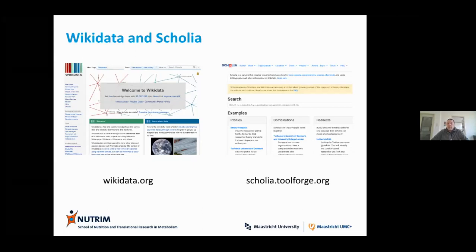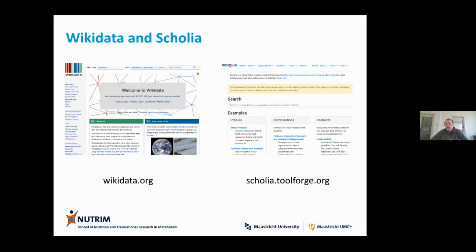So the content there, we find a lot of lipids in there that we will see in a moment. We find Reactome and WikiPathways in there. There are links out to a lot of different databases, and I'll give some numbers about that in one of the later slides. And Scholia, that's what we see on the right side, is a graphical user interface that started some 2-3 years ago to visualize data in this database.